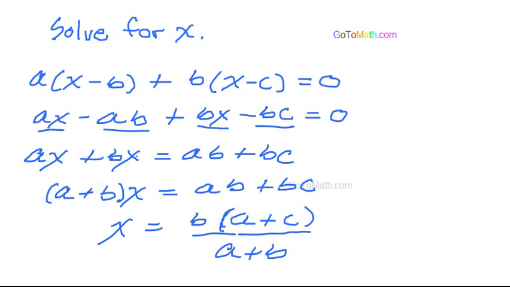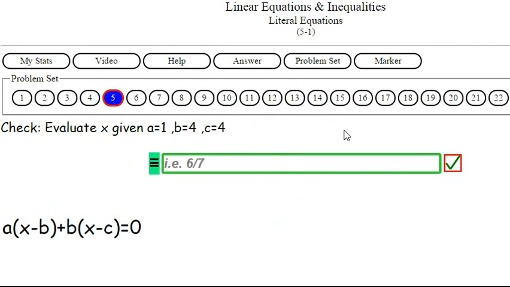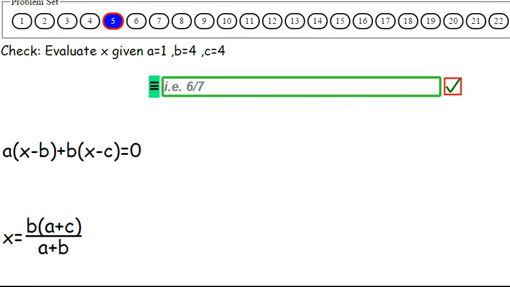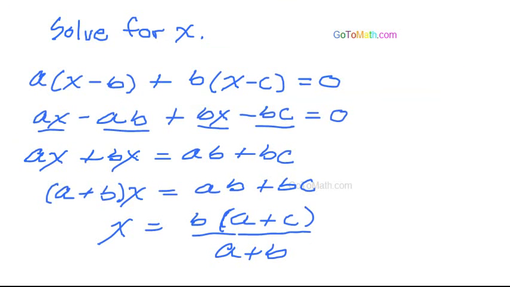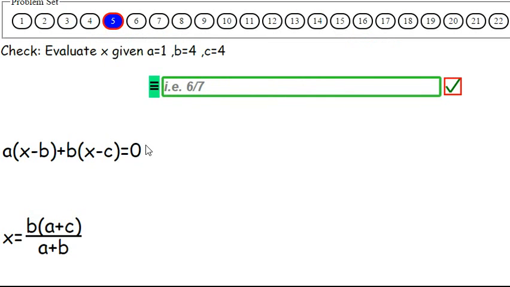Can we remember that? I think that's what I did. I factored out the b: a plus c over a plus b. Yeah, that's right. And of course, you're going to want to write it as a fraction, plug your numbers in, and reduce.